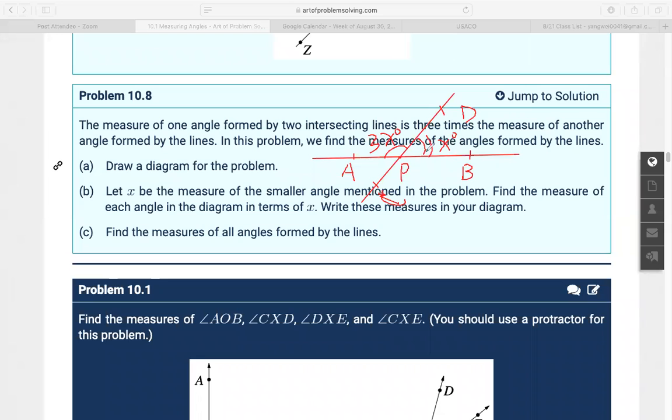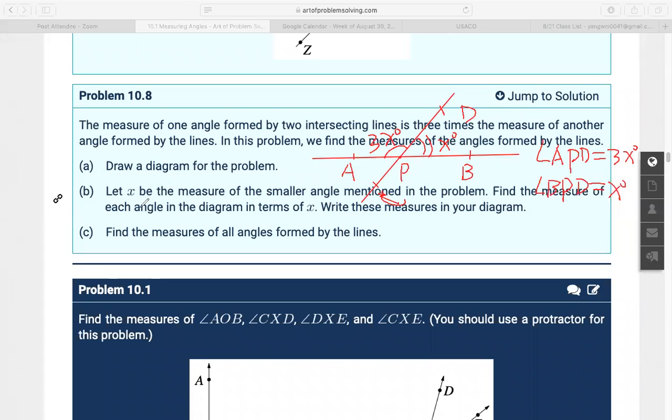So the angle APD equals 3 times x degrees. Then the angle BPD equals x degrees.